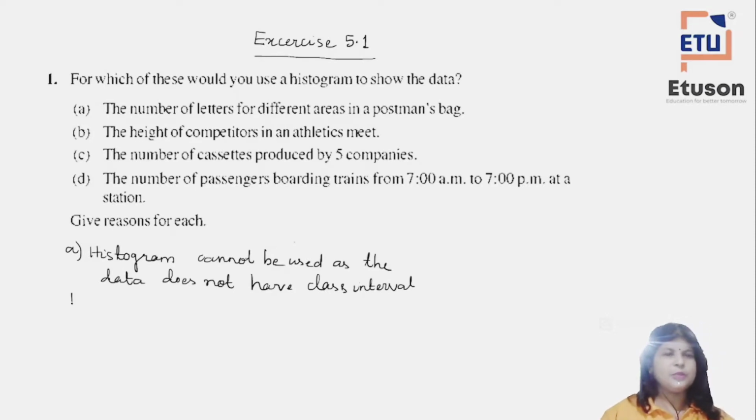So what about bit B? The height of competitors in athletic meets. Okay, so there are different categories of athletics, so different sports will be there. So for each sport, the height of the competitors in an athletic meet, can it be expressed in the form of histogram? Yes.